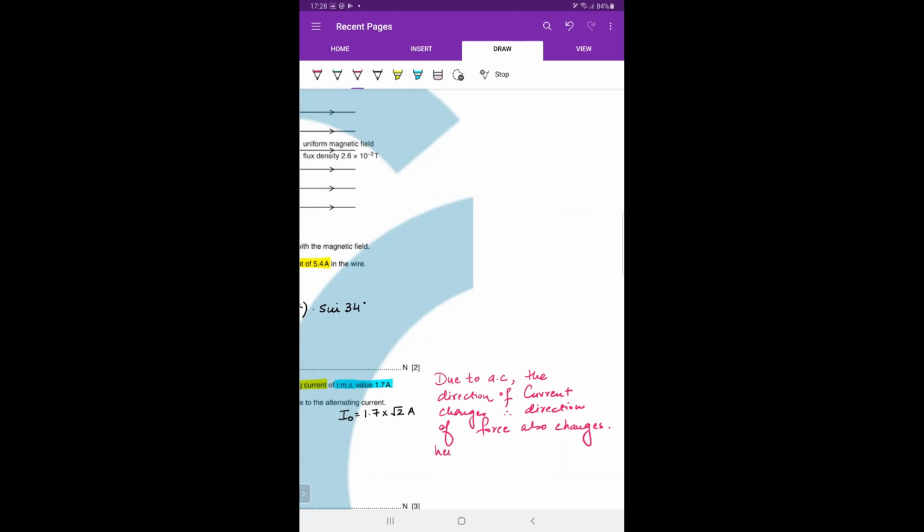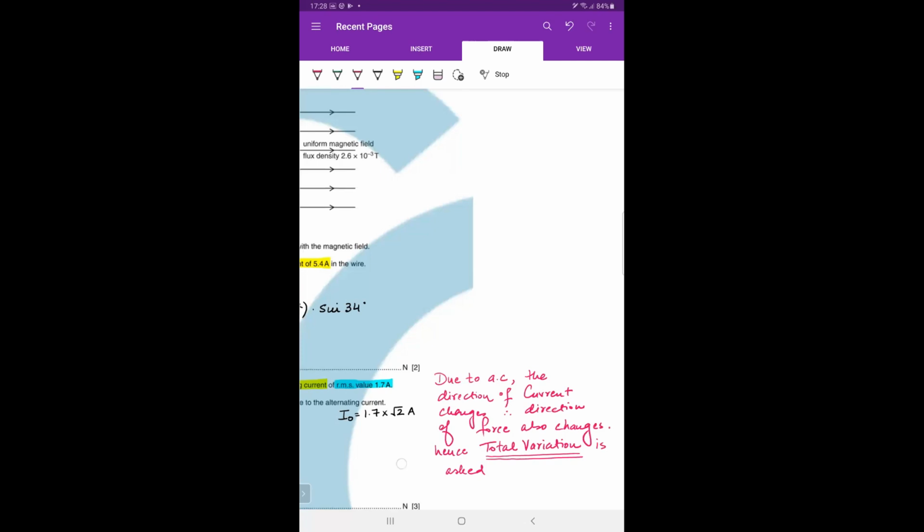Hence, they are asking us, you are supposed to calculate how much is going to be the total variation. So, if you look at the wordings of the question, the reason why they are saying determine the total variation is because as the direction of the current changes, the direction of the force also changes. Okay, hence the term total variation.